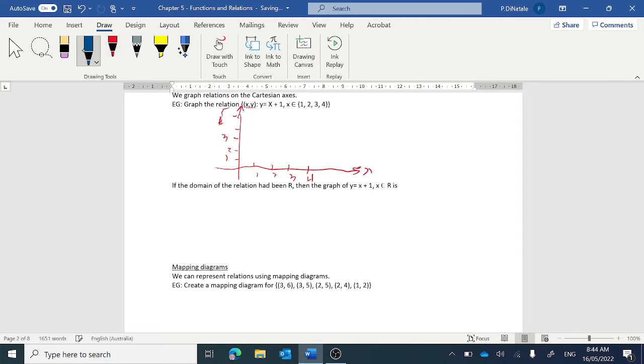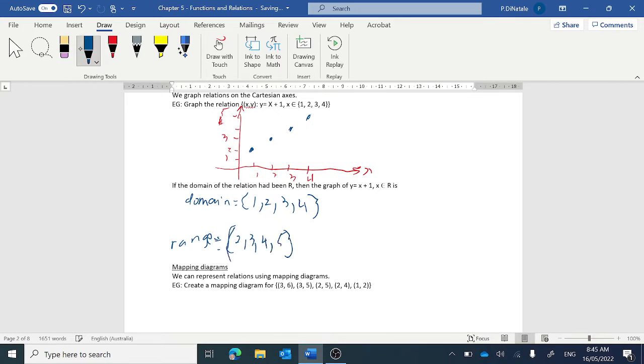And all it's going to be is dots: (1, 2), (2, 3), (3, 4), (4, 5). The domain is still going to be 1, 2, 3, and 4. And the range for this one is going to be 2, 3, 4, and 5.